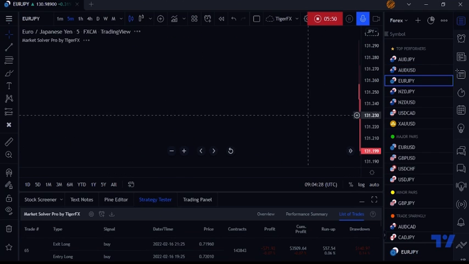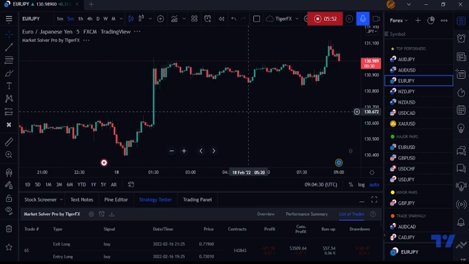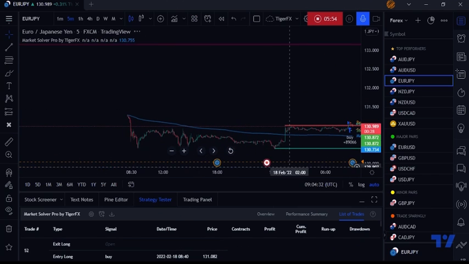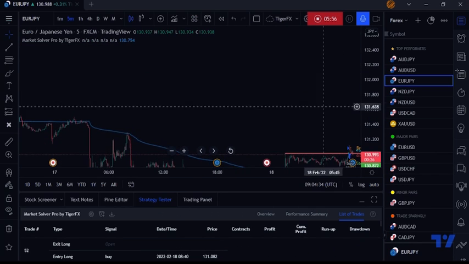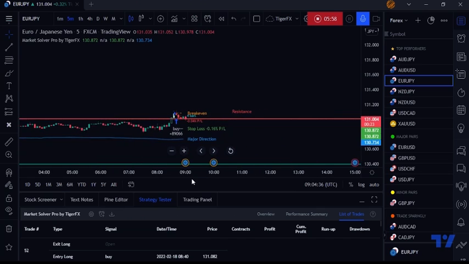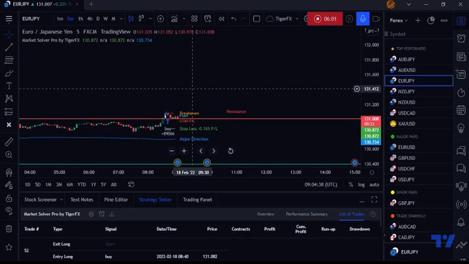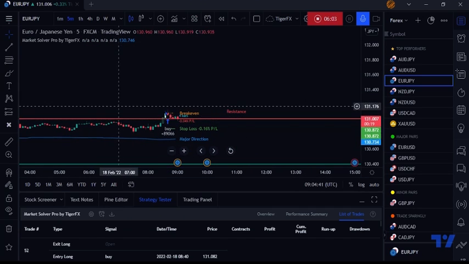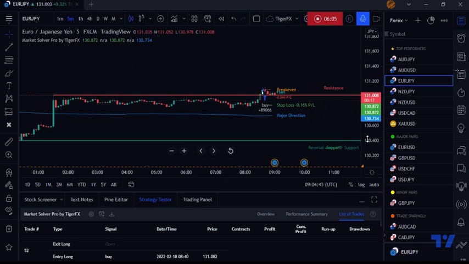On Euro Yen, let's also see this. There's currently a buy signal here. This may prove to be an uptrend. So there's a buy signal now on Euro Yen. I'll be monitoring this.